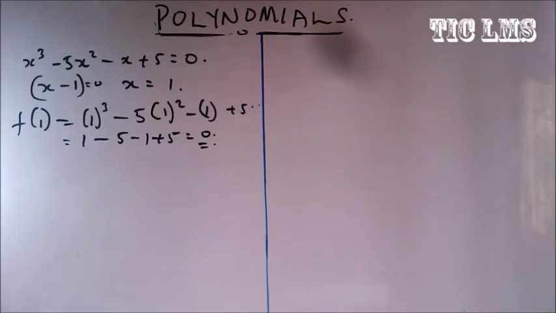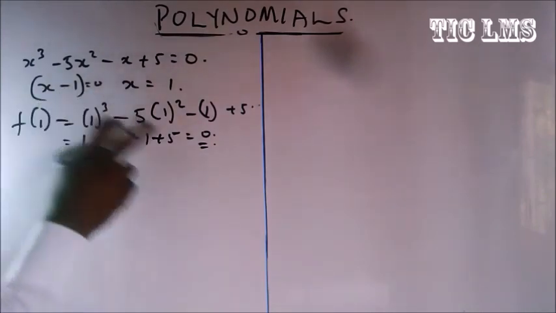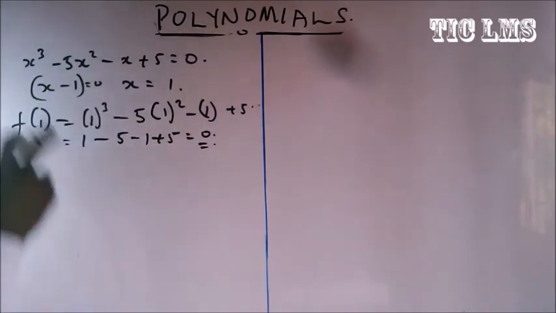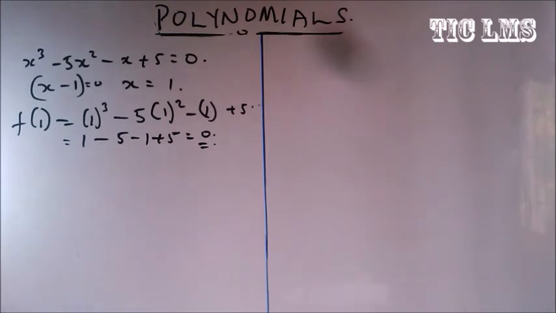This proves to us that x minus 1 is one of the factors of this expression. The next thing we'll do is find the remaining two expressions, because in this kind of expression we have 3 factors.